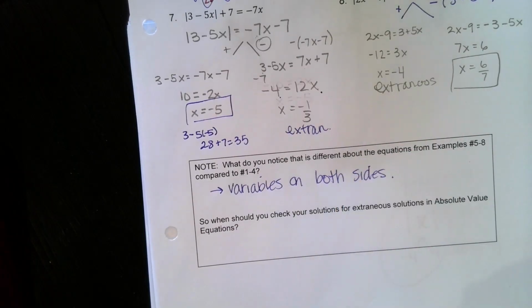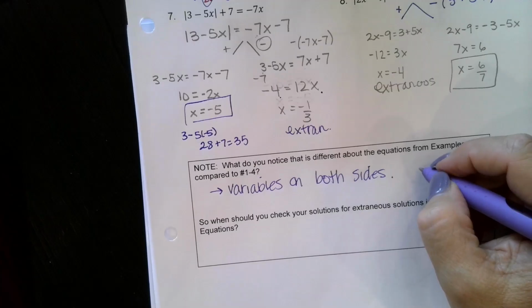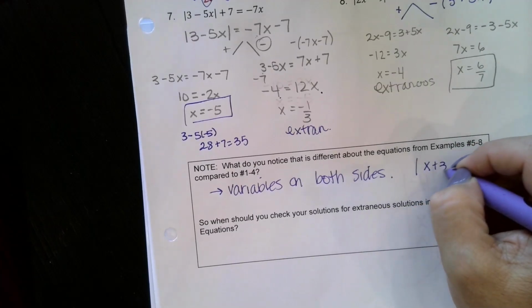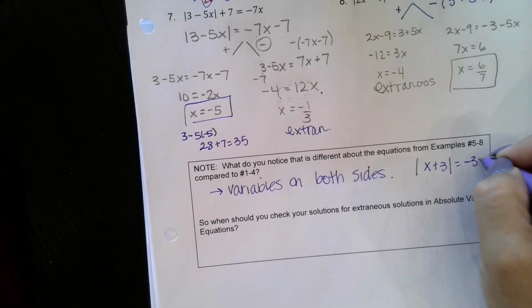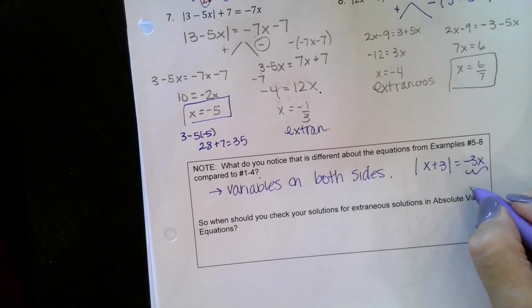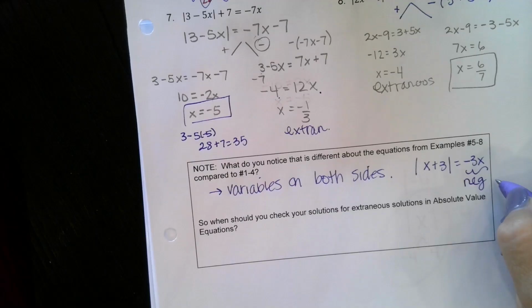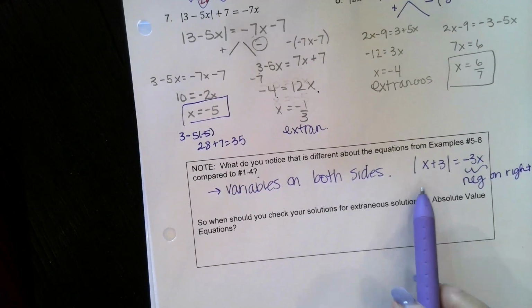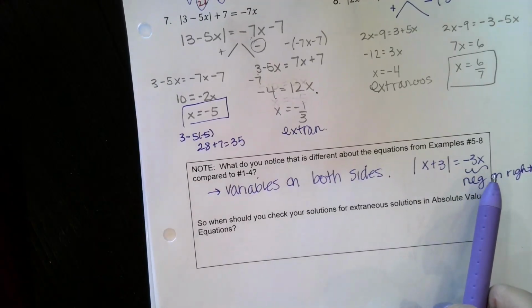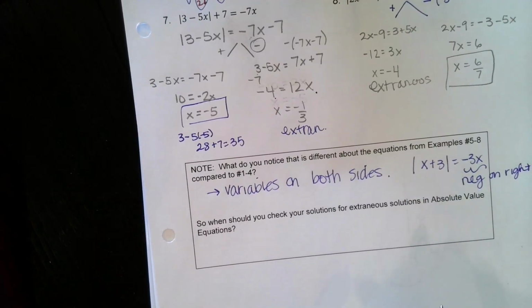And why that's important is because if I have that, I could have something that looks like this, where I can have a negative value on the right side of the equation. On the non-absolute value side, I can have a negative value because my x value might be negative. And then this is super simple in my case.